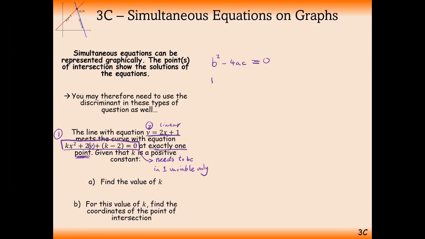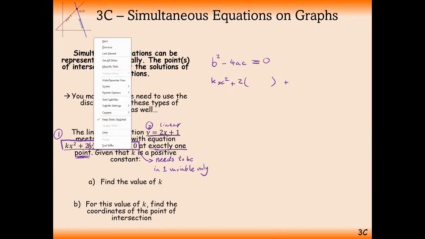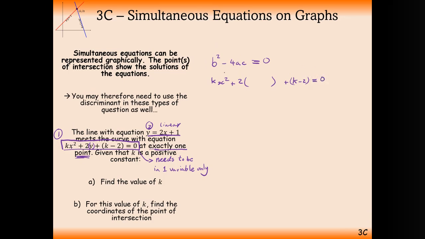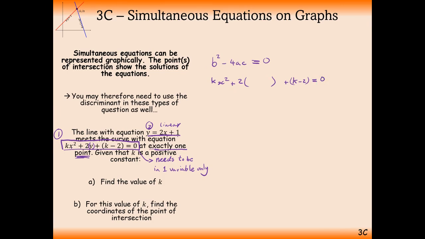So kx squared plus 2, I'm going to open a bracket and leave a gap there and write plus, and I left the gap for this y, so I'm here now, plus k minus 2. Now they put the bracket around k minus 2 just to give you a hint anyway. So now I know the equation of the linear line is 2x plus 1.